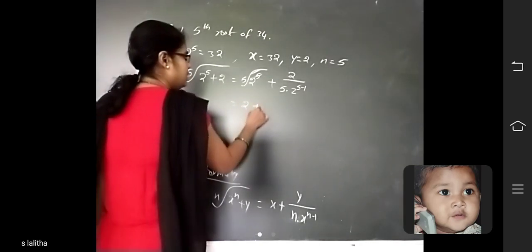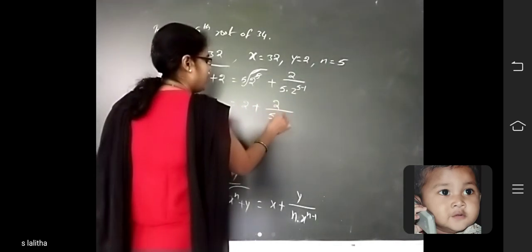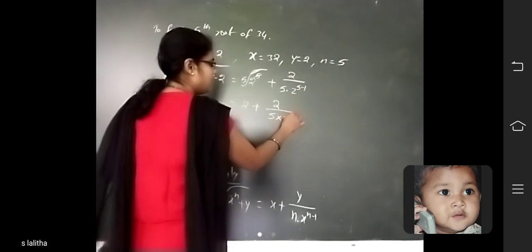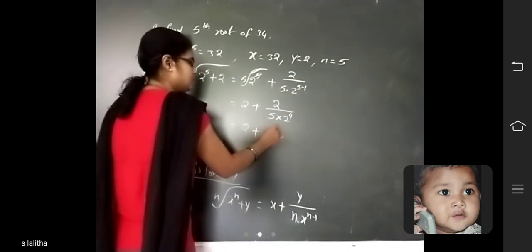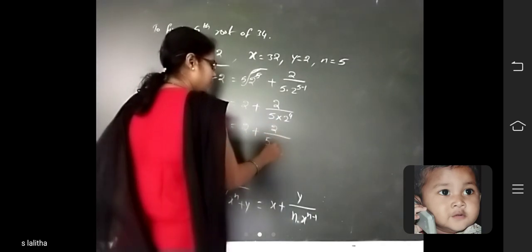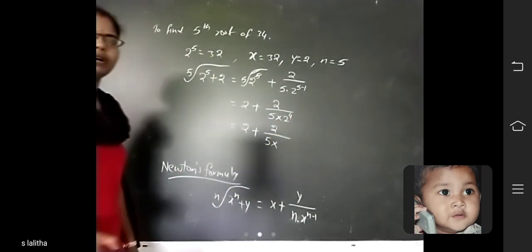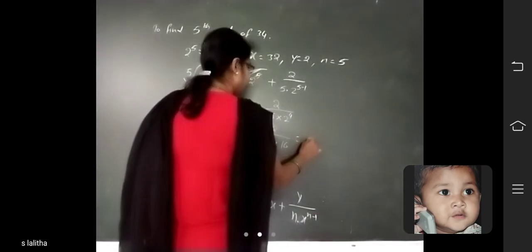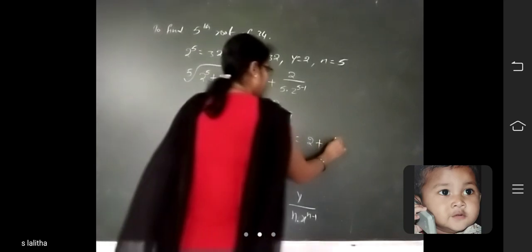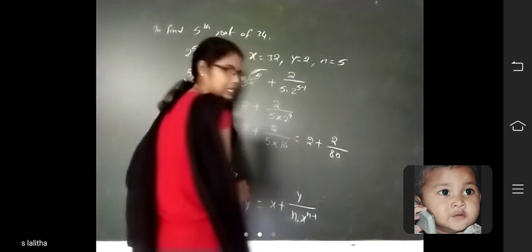So 2 plus 2 by 5 into 2 power 5 minus 1, how much? 4. So 2 plus 2 by 5 into 2 power 4 means how much? 2 twos are 4, 4 twos are 8, 8 twos are 16. So 2 plus 2 by 5 times 16, how much is that, children? 80.